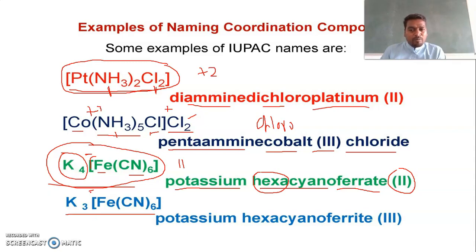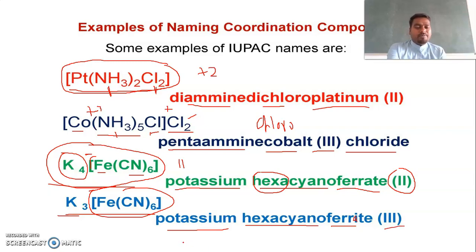In case of anionic complex, the name of the metal ion ends with ATE. So here ferrate, actually not ferrite, this is ferrate. Potassium is the positive part, so potassium first. And in the coordination sphere, hexa, 6 ligands, hexacyano ferrate 3 complex.